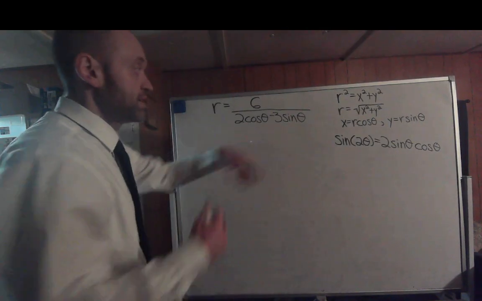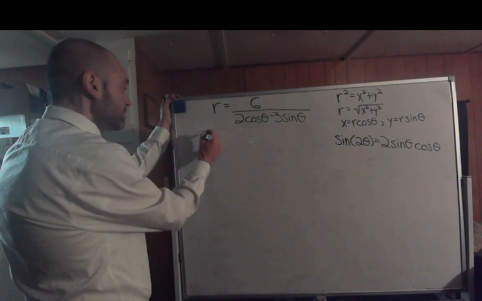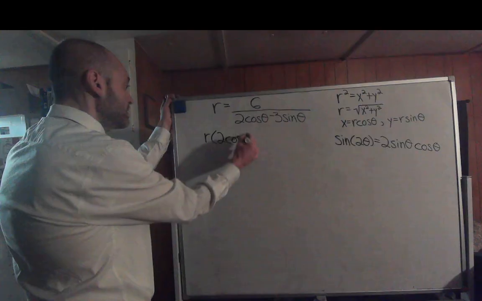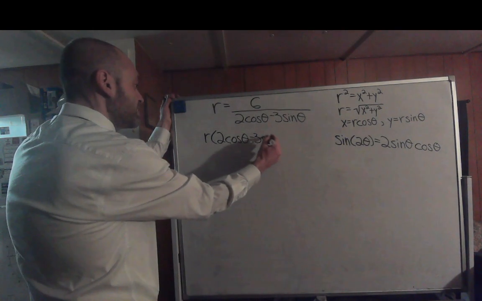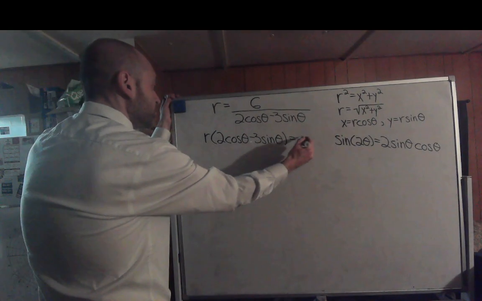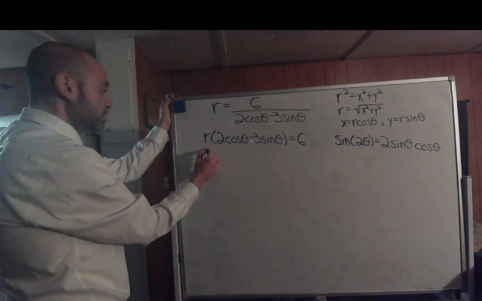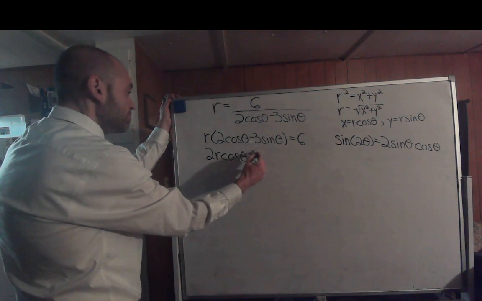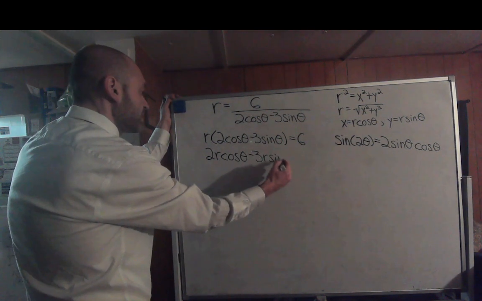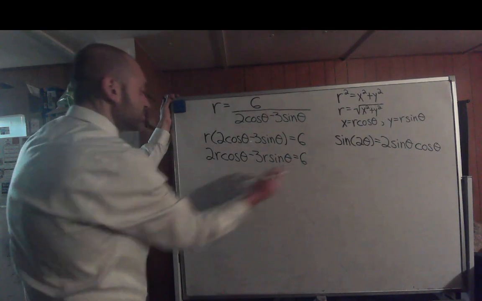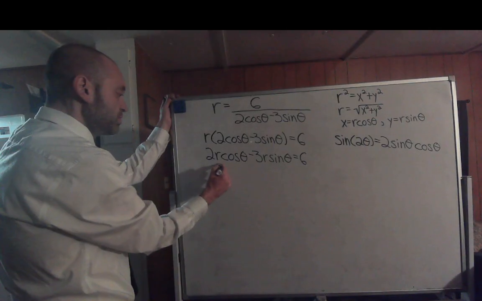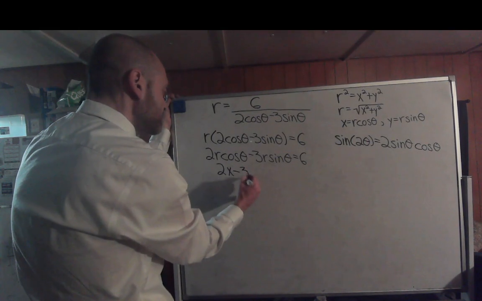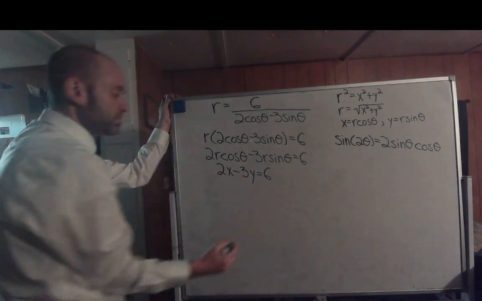Multiply both sides by the denominator to get rid of the denominator. You would have r times the quantity of 2 cosine of theta minus 3 sine of theta, all that equal to 6. So distribute your r, you'll get 2r cosine of theta minus 3r sine of theta equals 6. Well, r cosine of theta is x, so you end up getting 2x minus, r sine of theta is y, so minus 3y would equal 6.